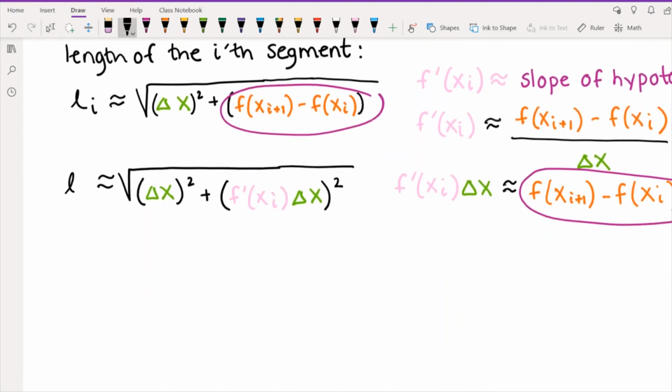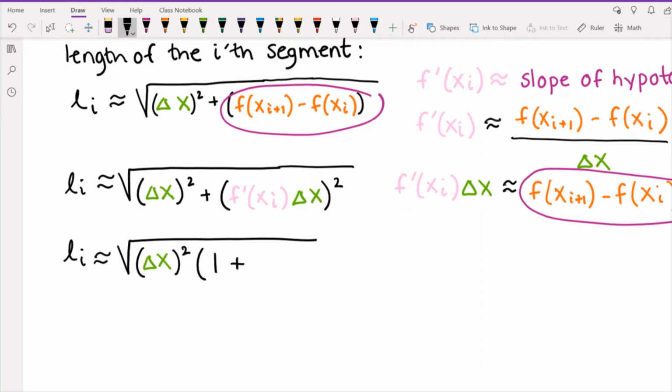Now let's pull out something from both of these. I'm going to do an algebra trick here. We can factor out a delta x squared from both of these two terms. So we can rewrite this as the square root of delta x squared times 1 plus f prime of xi. Sorry, I did something wrong here.